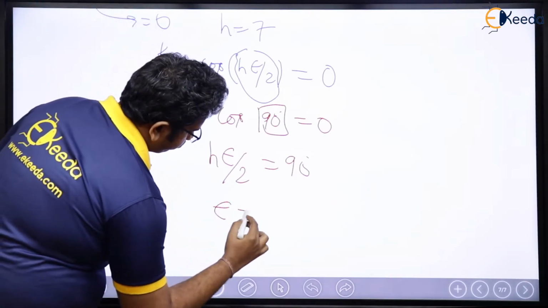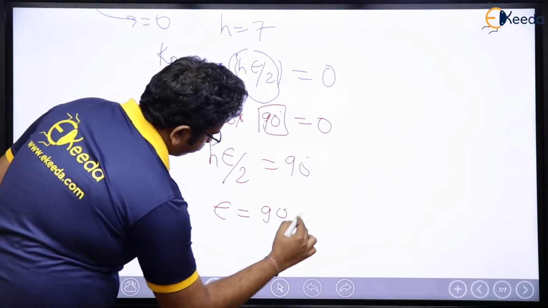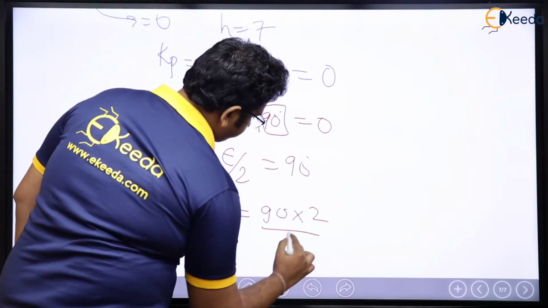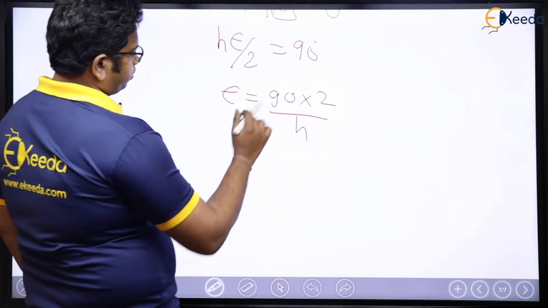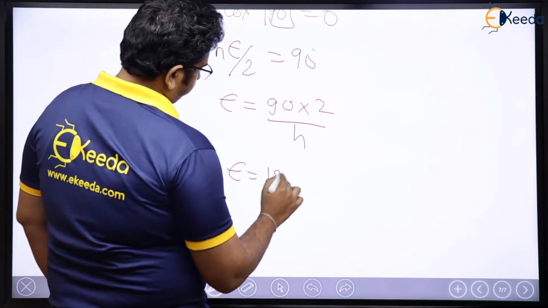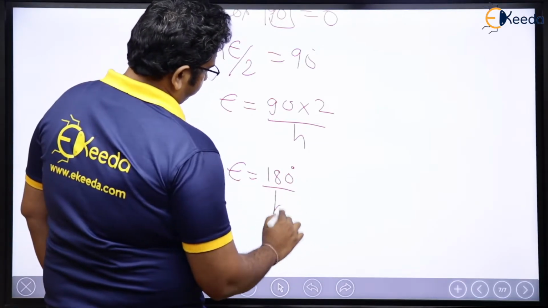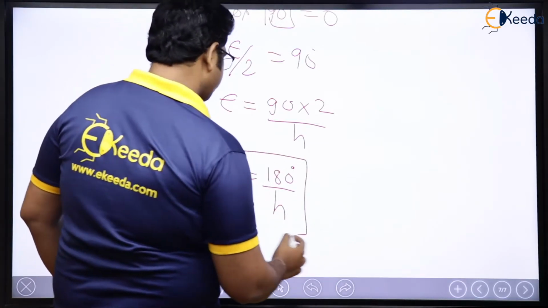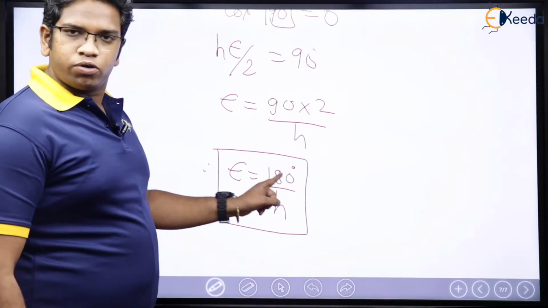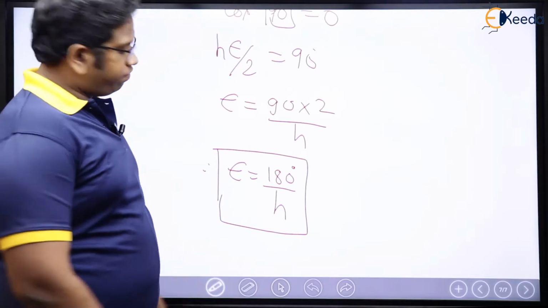Epsilon equal to 90 into 2 upon H, which is nothing but epsilon equal to 180 degrees by H. This is a very beautiful thing.